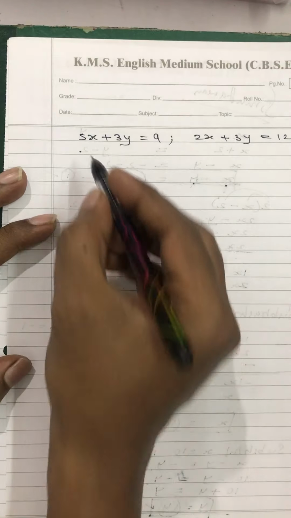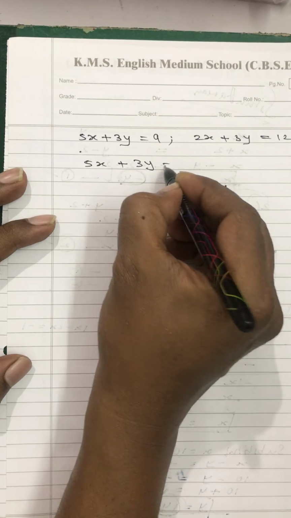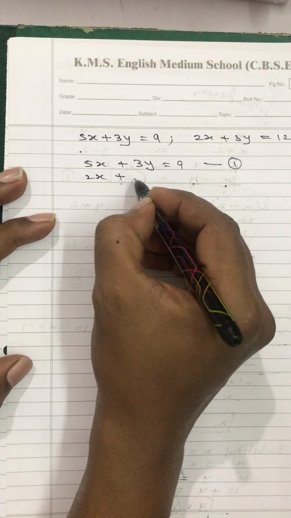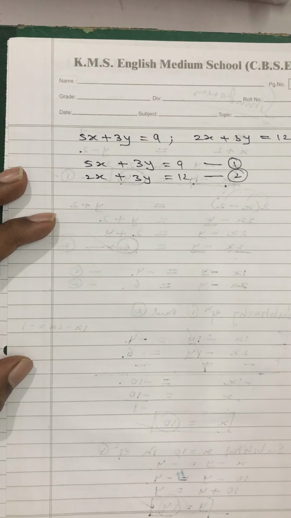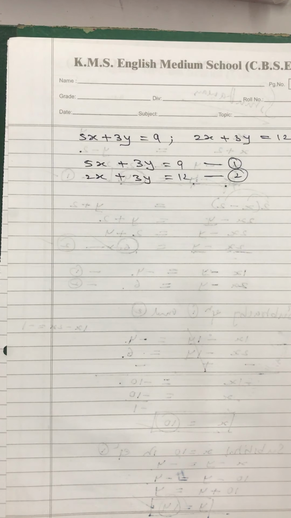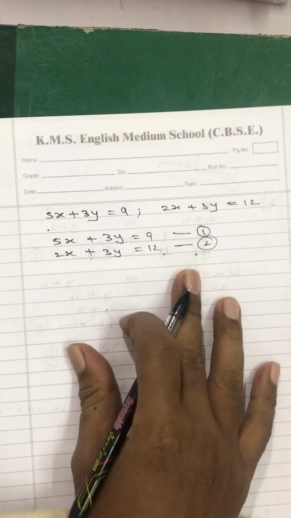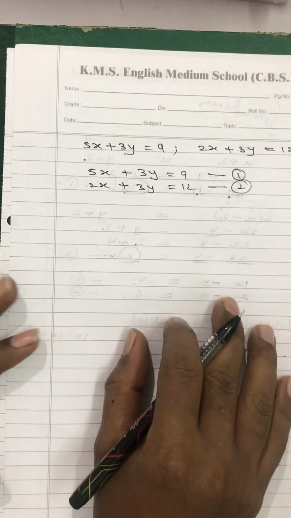So if you see here, I write these equations in the standard form. This is my first equation. This is my second equation. Fine. Now, already the coefficients of y, that is b1 and b2, are equal, so no problem.